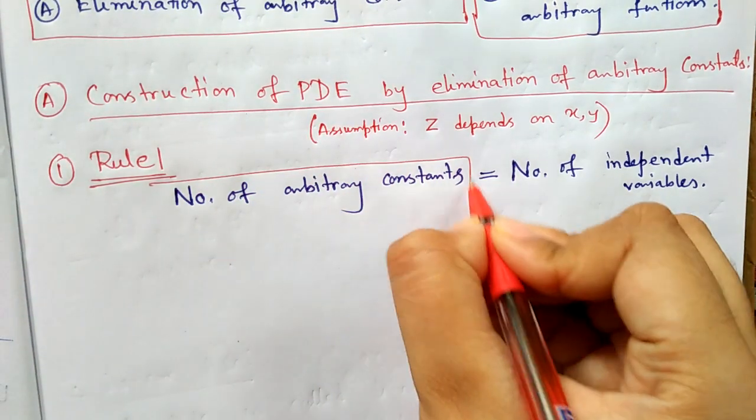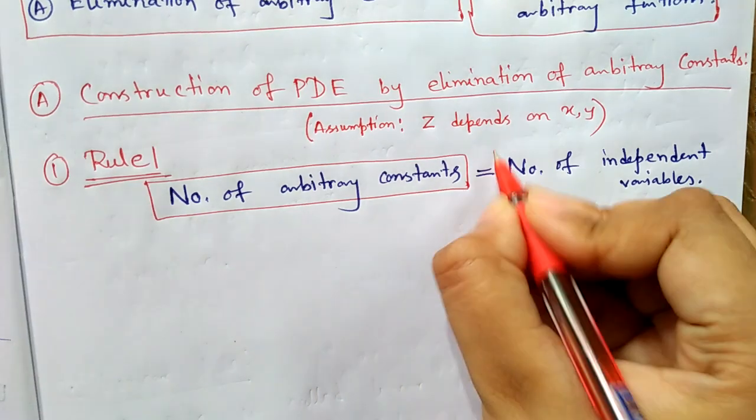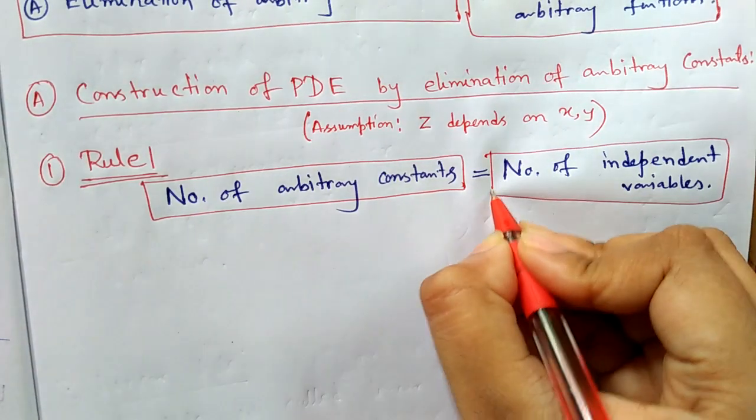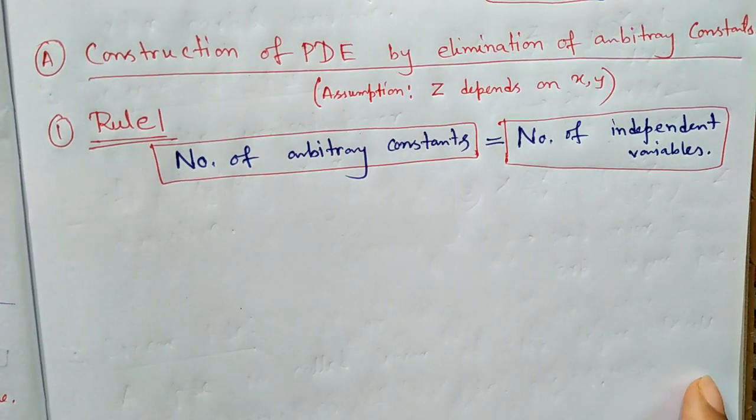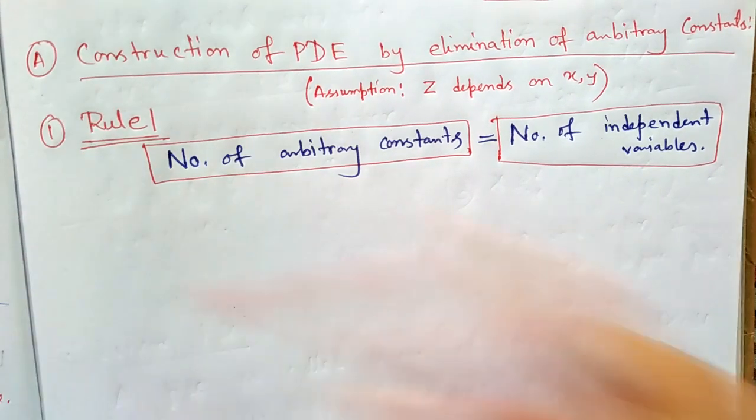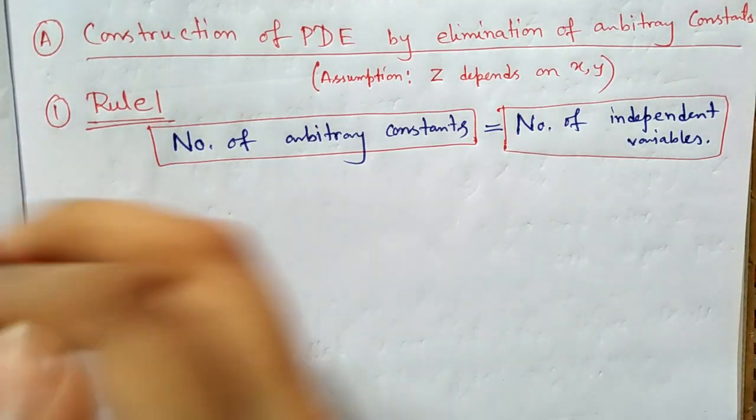So, this type of construction is for rule 1.